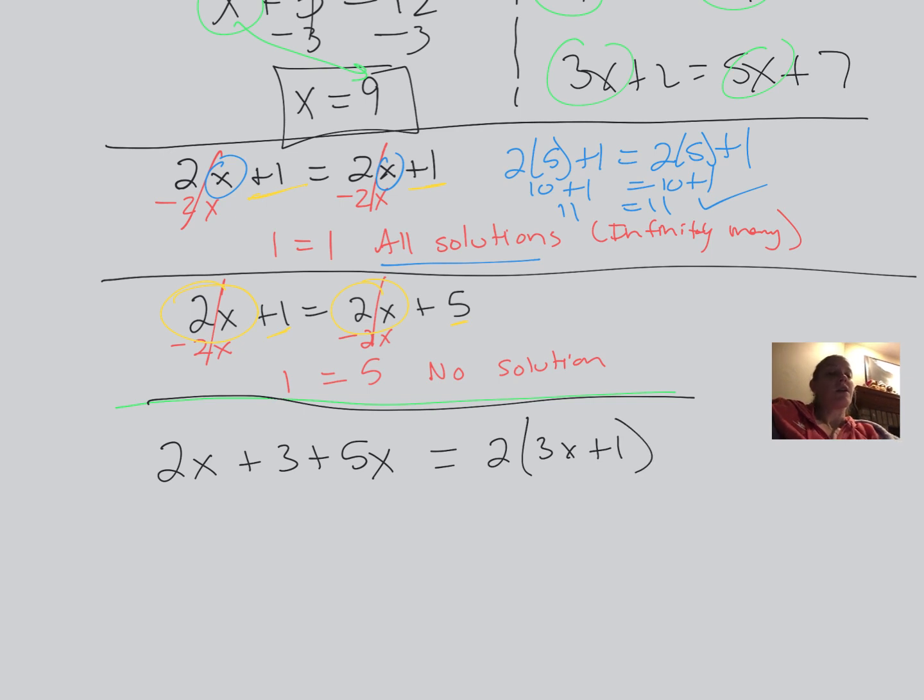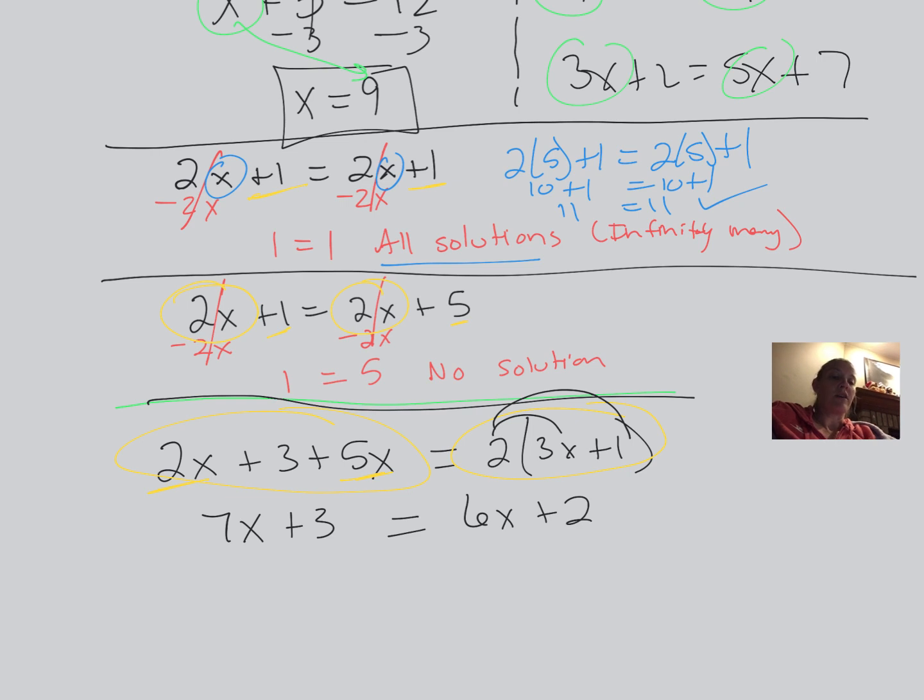Looking at this one right now the way it is, it's a little bit harder to tell. So we have to use some other skills we have. I can simplify the left-hand side. I can combine 2x and 5x makes 7x. And then I have that plus 3 still. And then on here I can simplify this with the distributive property. So that gives me 2 times 3x, that's 6x. And 2 times 1 is a positive 2.